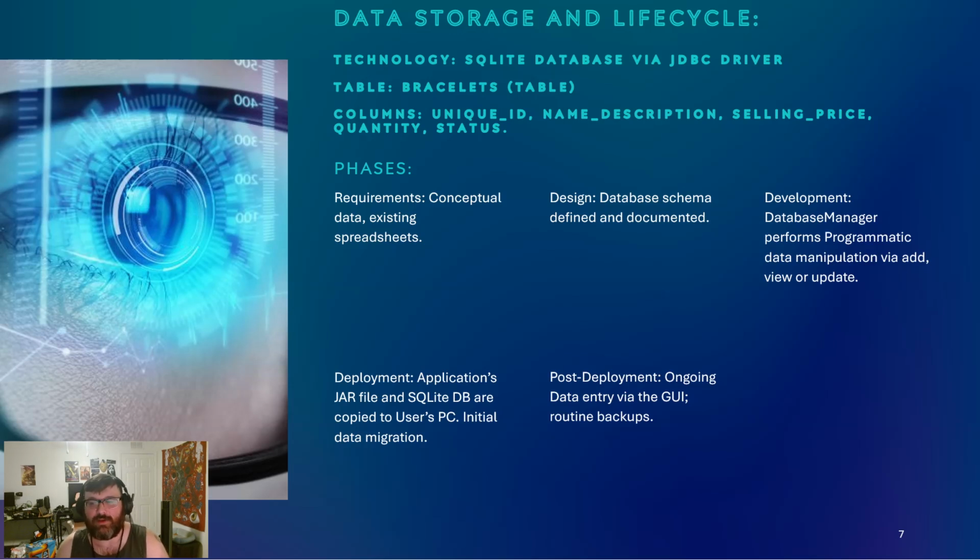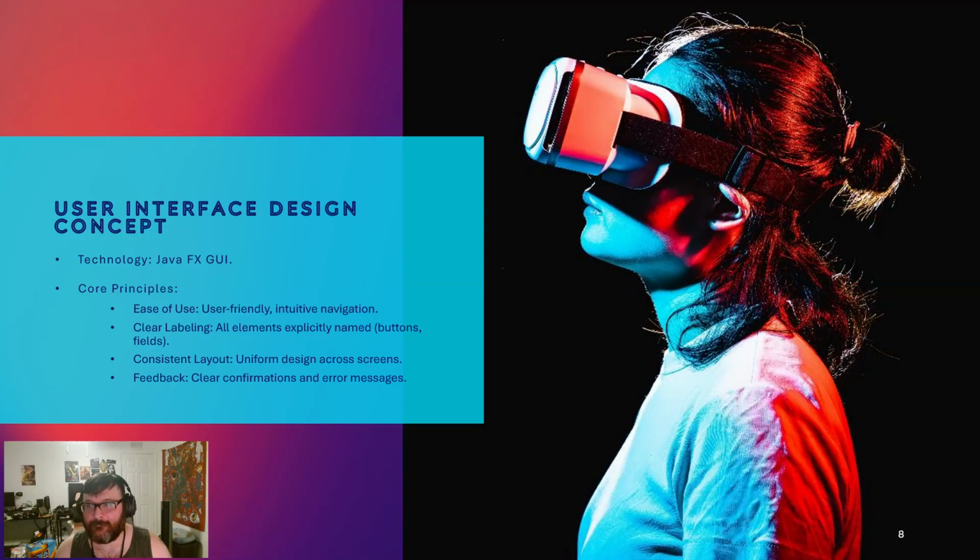And then post-deployment, we're going to be working side by side to make sure that I'm providing proper steps on how to do routine backups of the database, as well as addressing any other questions they may have at that time.